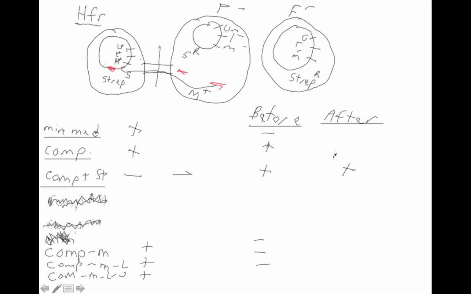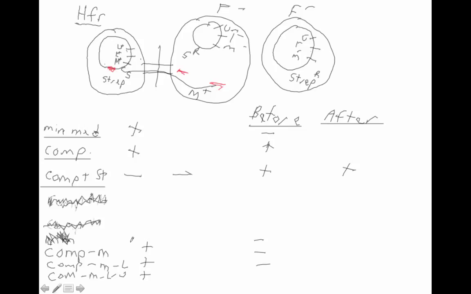So how do we know what we're looking at? Well, we're going to use these three media down here. And so what we do is we plate these cells after they've been exposed to streptomycin to get rid of these HFR strains. Now we plate them on complete media lacking methionine.